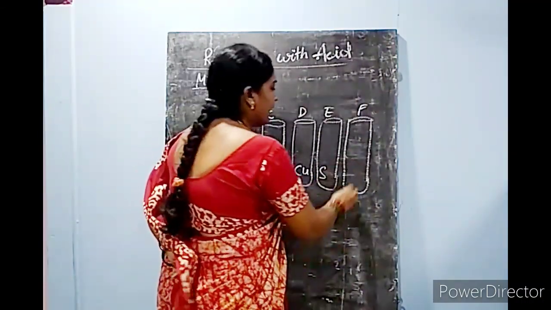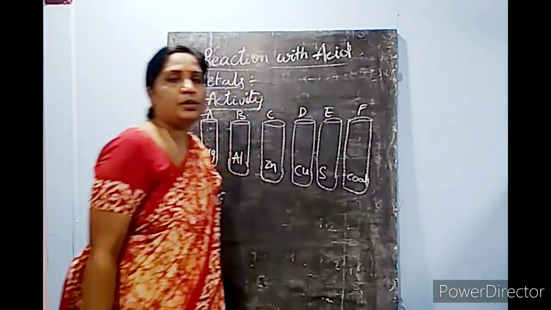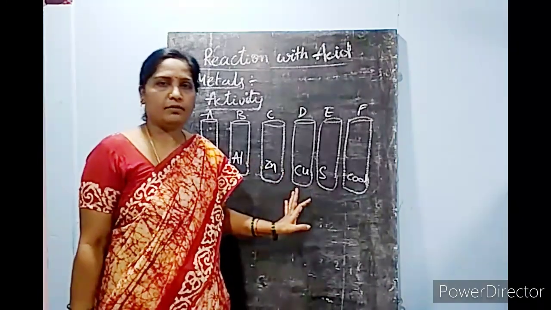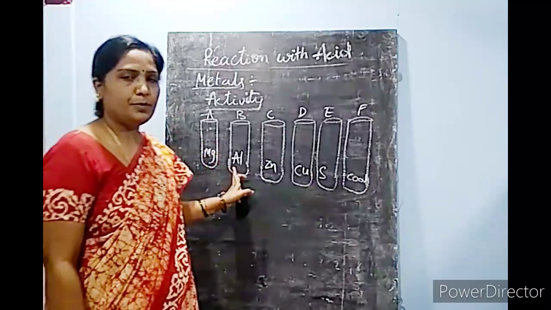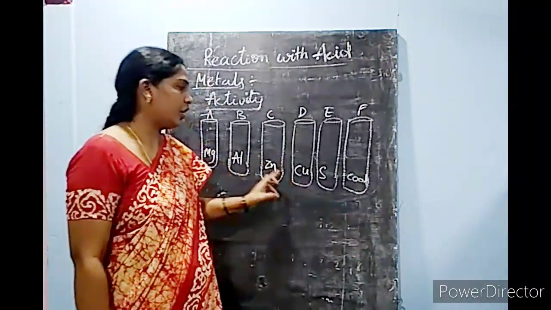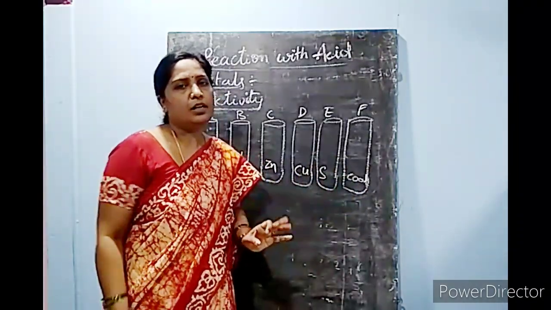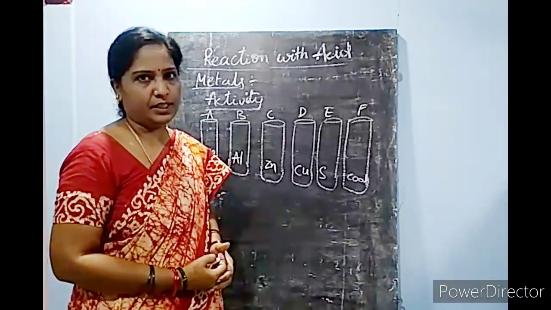And in the last test tube, you take charcoal powder. As you are well aware, magnesium is metal, aluminium is also metal, zinc is metal and copper is also metal. The last remaining 2 are non-metals. Now how they react with acid we'll see.